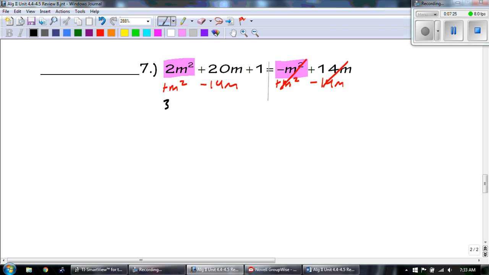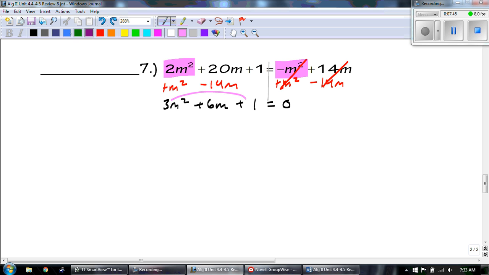So we get 3m squared plus 6m plus 1 equals 0. Okay, so you should know right away. Some of these you should just be able to look at. Multiply to 3 and add to 6. No, there's nothing that works.